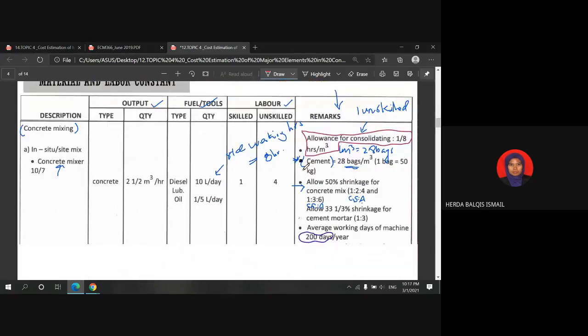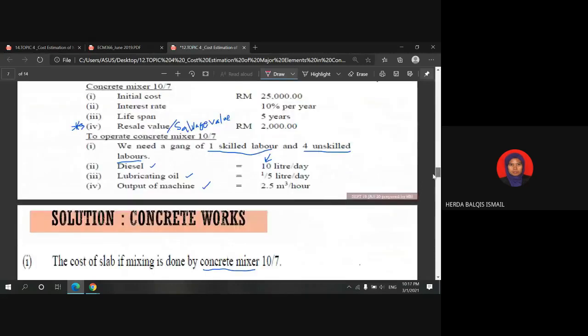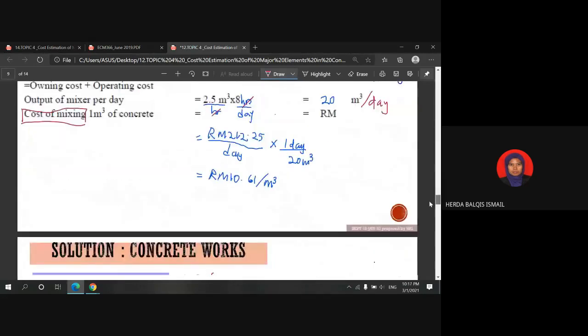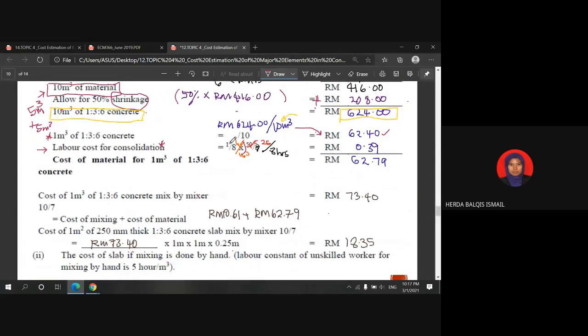So we take this as 1 over 8 hour per cubic meter. The duration to do the consolidation per cubic meter is 1 over 8 hours. The labor required is unskilled labor, whose wage is 25 ringgit per day, so per 8 hours.